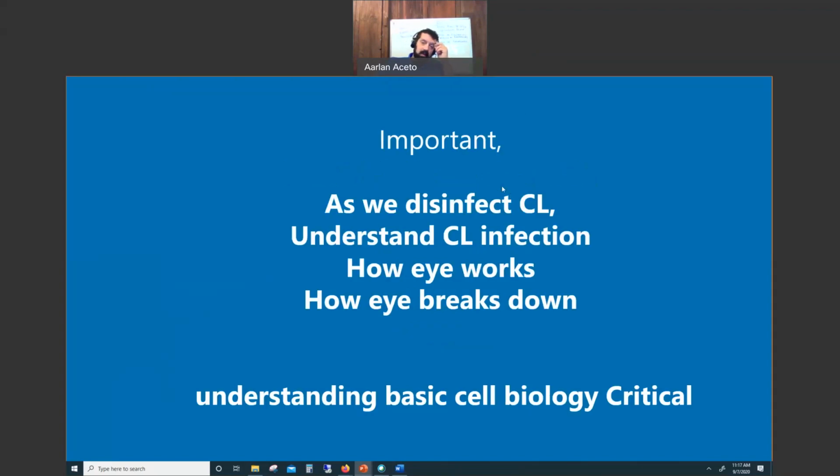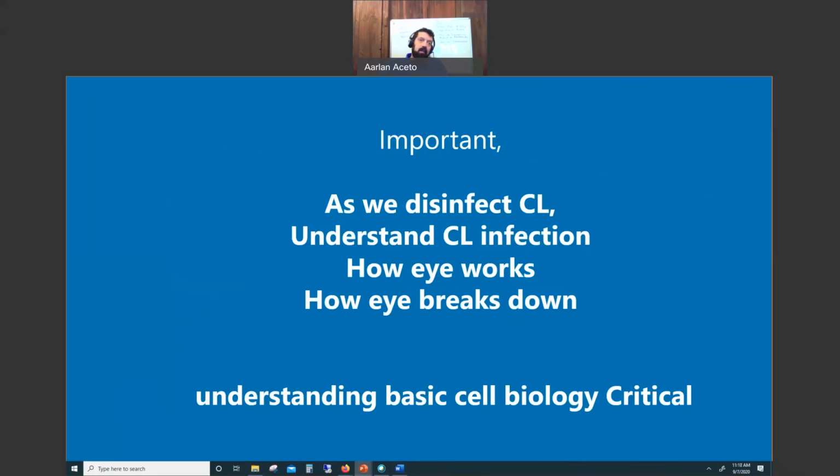Also, we talked about fungi. There are viruses, there are bacteria, there are other things. Well, if we understand how a cell works, we'll get into disinfecting of contact lenses. The more we know about cells, the more we can actually see how a disinfectant works. When we're doing contact lenses, there are hydrogen peroxide methods, H2O2, hydrogen peroxide.